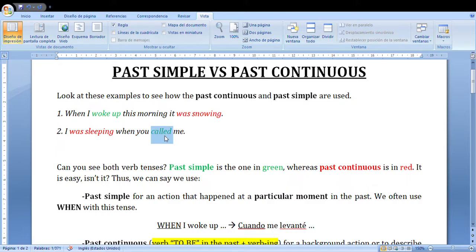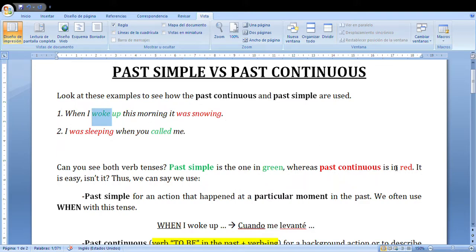Called is also past simple. Call is a regular verb, so this is why we add ed. And wake is an irregular verb, so you have to go to the list we've been studying, and if you go to the second column, which corresponds to the past, you will see that the past of wake is woke.